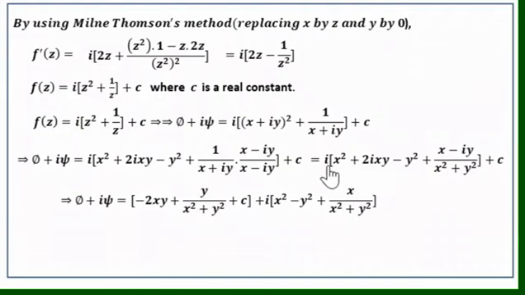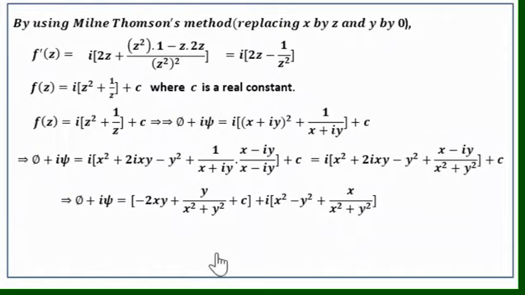Then we have i into minus iy by x square plus y square, that is minus i square y by x square plus y square, or y by x square plus y square, plus c. This is the real part in the right hand side. The imaginary part is i into x square minus y square, then i into x by x square plus y square. So this is our imaginary part.